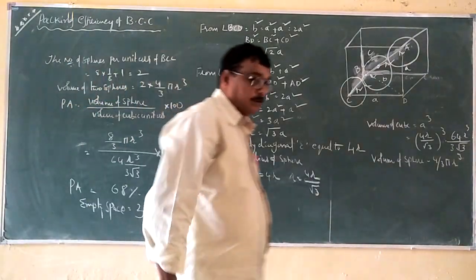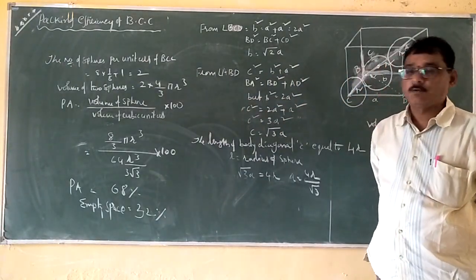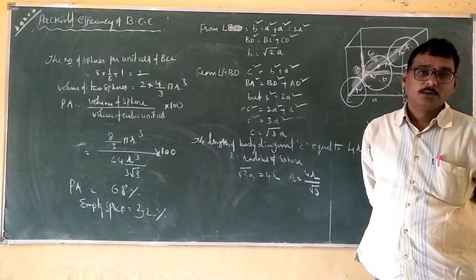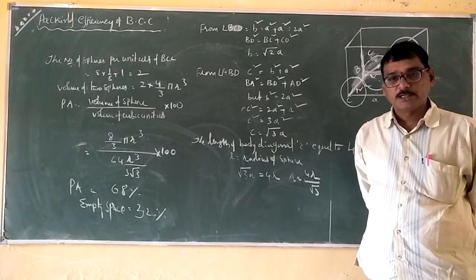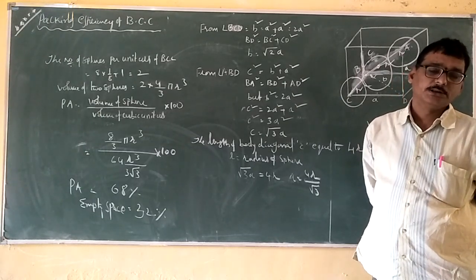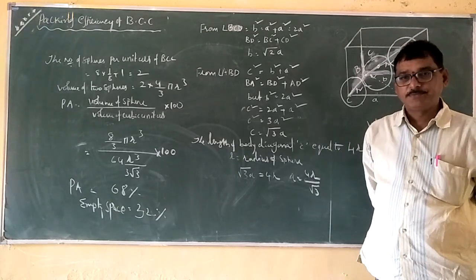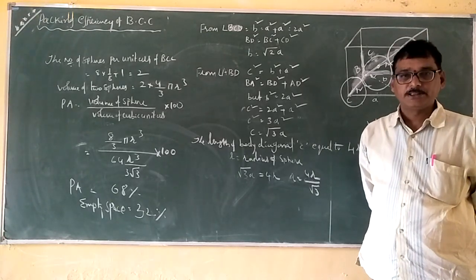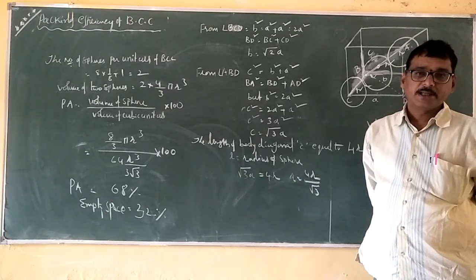Students, last class we completed the packing efficiency of simple cubic. What is the packing efficiency of simple cubic? Yesterday we saw that 52.4% is occupied by the particles in the given crystal lattice, and this is called the packing efficiency.